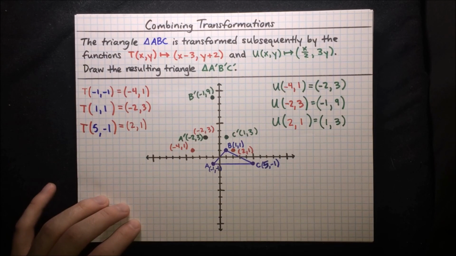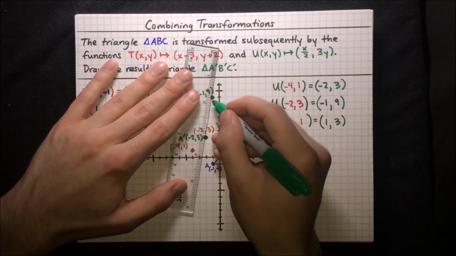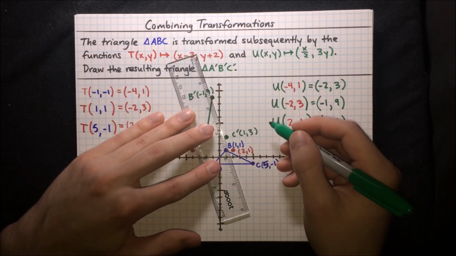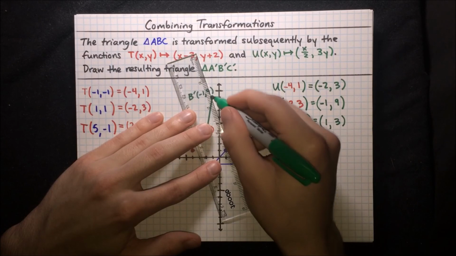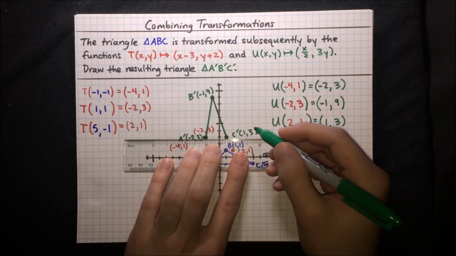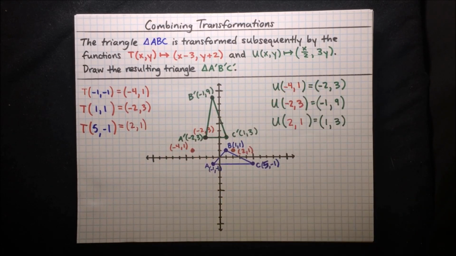And finally, we can just connect up this triangle, connect A prime to B prime, right here, and then B prime to C prime, over here, and then C prime back to A prime, over here. And there we have it, we're done.